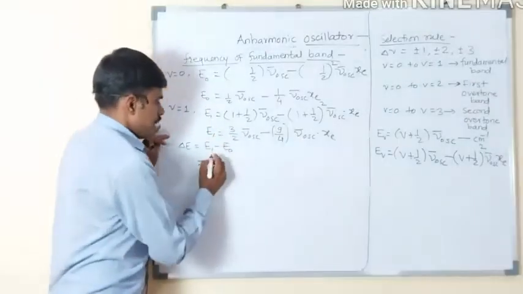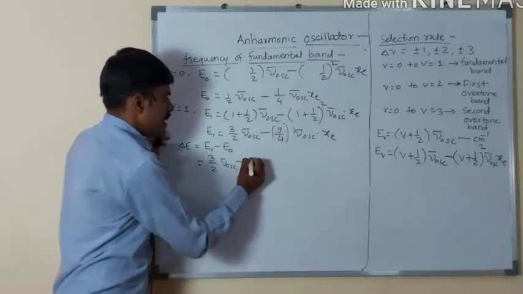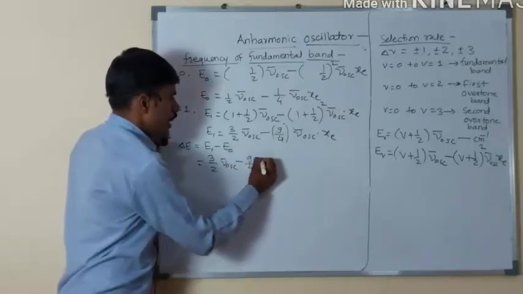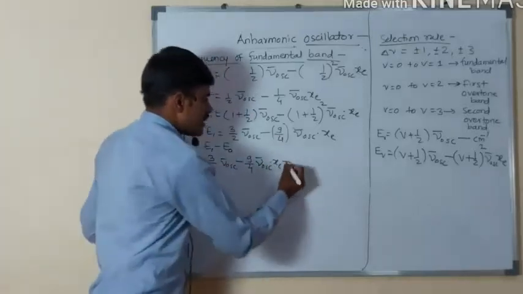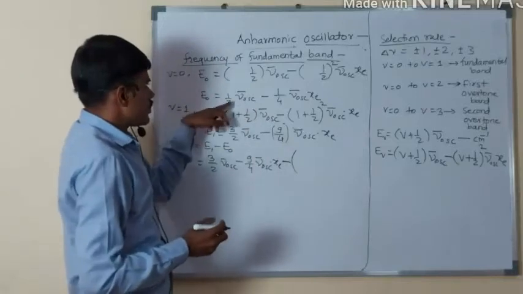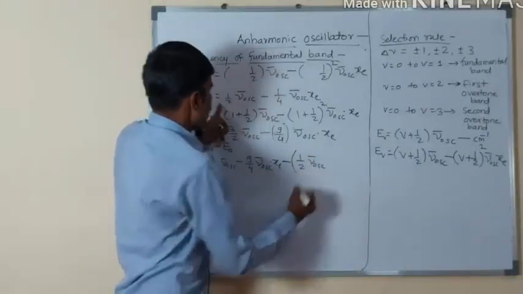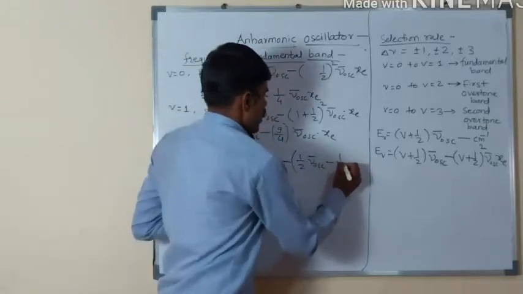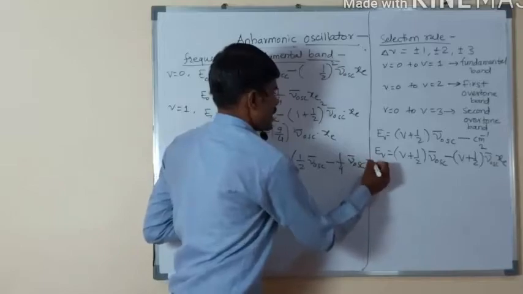E1 is 3/2 nu bar of oscillation minus 9/4 nu bar of oscillation into Xe, minus this term, 1/2 nu bar of oscillation minus 1/4 nu bar of oscillation into Xe.